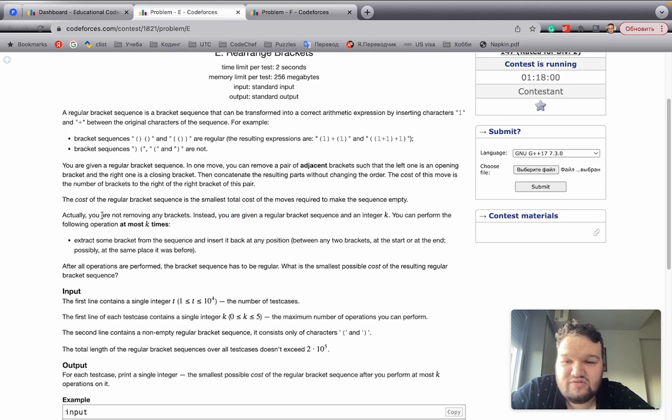You can perform the following operation at most k times: extract some bracket and insert it back at any position. After all the operations performed, the bracket sequence has to be regular, and we are given a regular one in the beginning. Okay, what is the smallest possible cost of the resulting regular bracket sequence? The number of operations is small, at most 5.